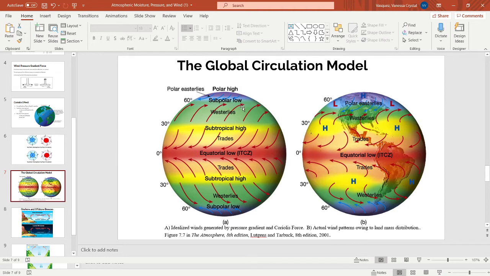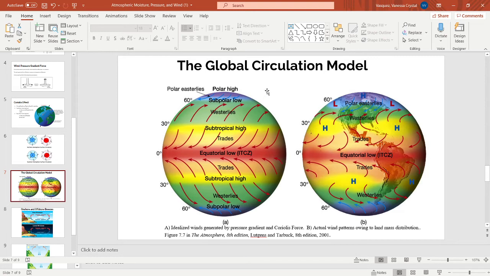Again, there are mechanisms allowing the air to rise, and it's not associated with temperature. Then we have the polar high pressure belt, which is a thermal pressure system.